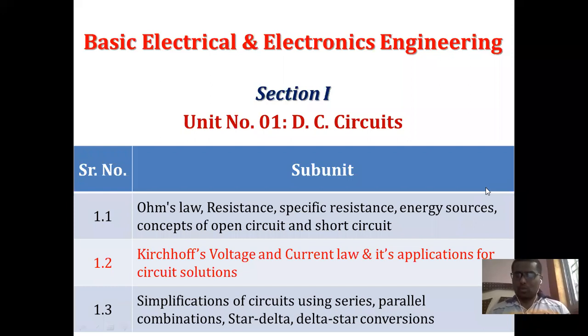So based on that, the first section is electrical engineering and the second section is electronics engineering. In the first section, you have a total of 4 topics, and in the second section, again another 4 topics. It means a total of 8 topics are included under this title, basic electrical and electronics engineering.